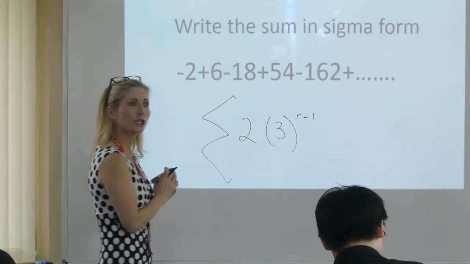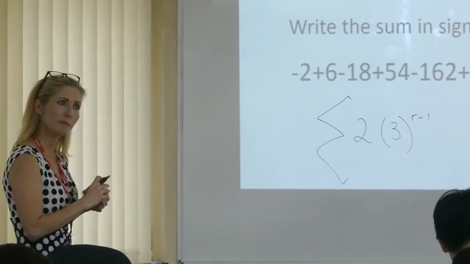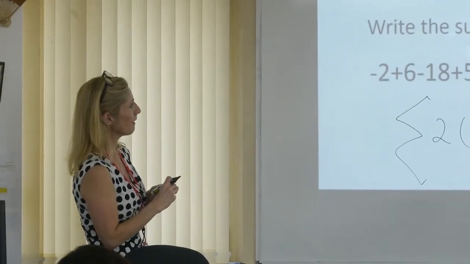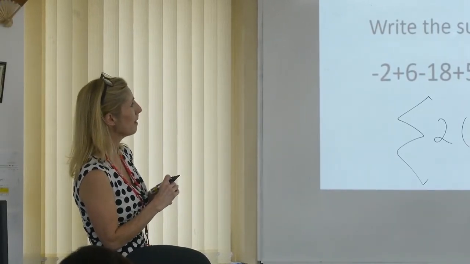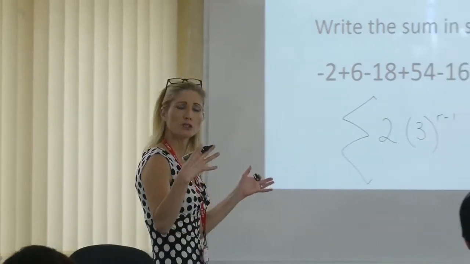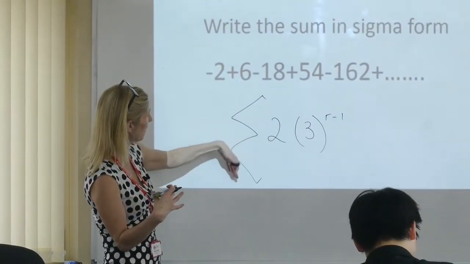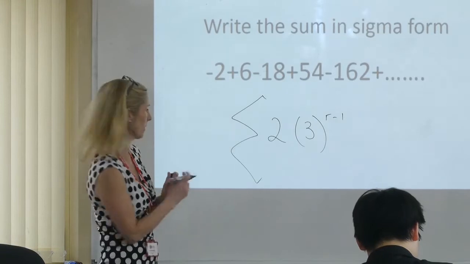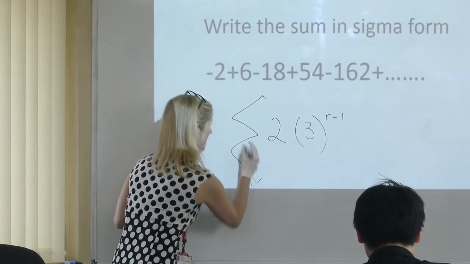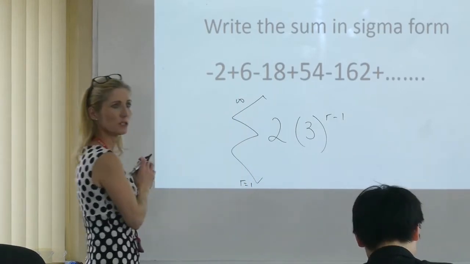All right, nth term of a GP. Everybody happy with that? Right, if we then need to deal with the minus, and what would you choose as r? r is what to what? 1 to infinity.